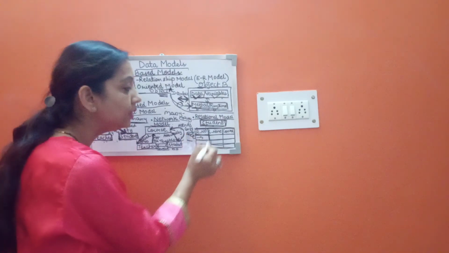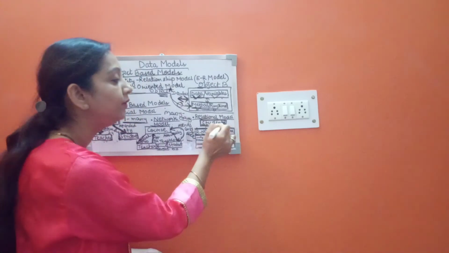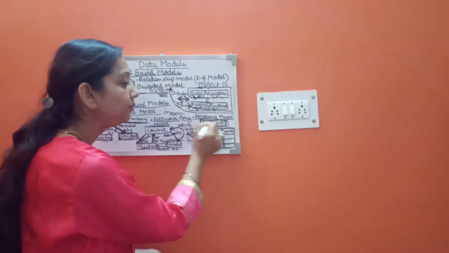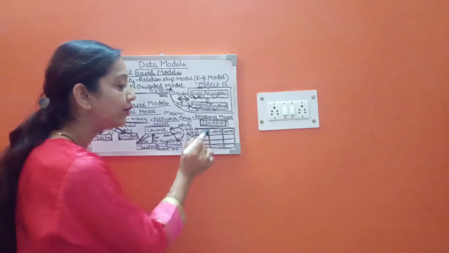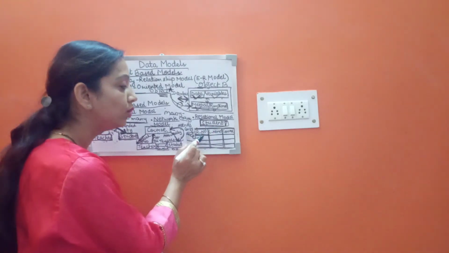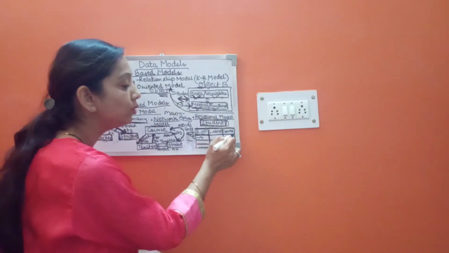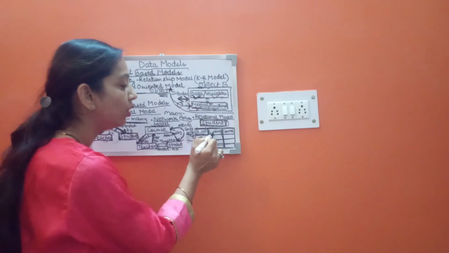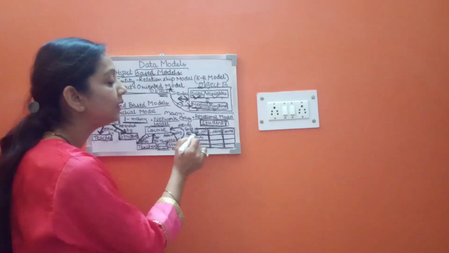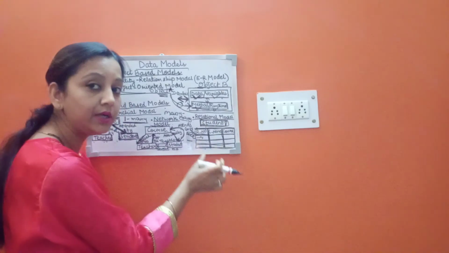And the columns of this relation represent the attributes of the particular relation. For example, the attributes of the student relation are the roll number of the student, the name of the student, the course in which the student has enrolled. These are all the attributes of the student which are represented as columns, and there may be several such students whose record we want to store in the student relation.